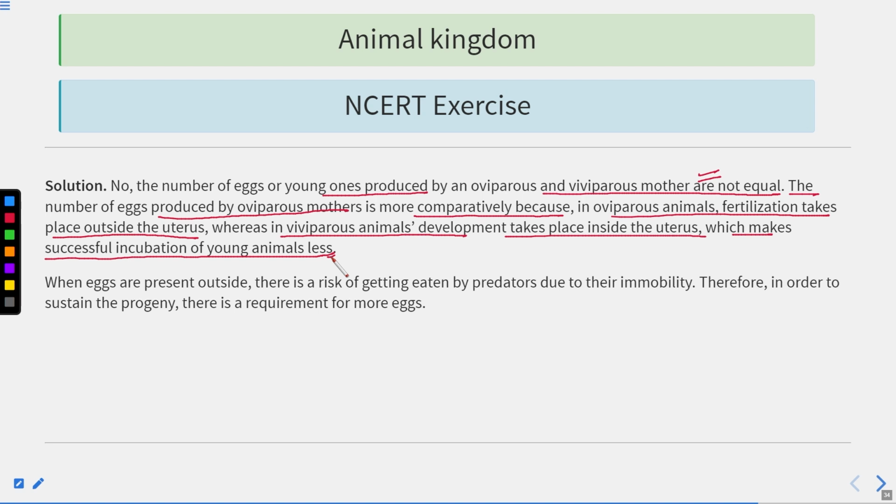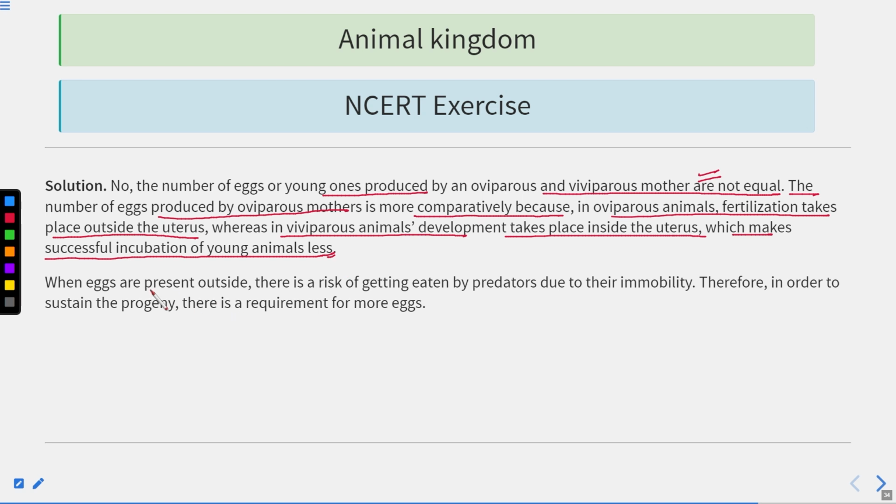And in the organisms in which fertilization takes place inside the female genital tract or body, the young are quite protected. The eggs which are laid outside are not so well protected, because there are so many predators that come and consume those eggs as food, right?